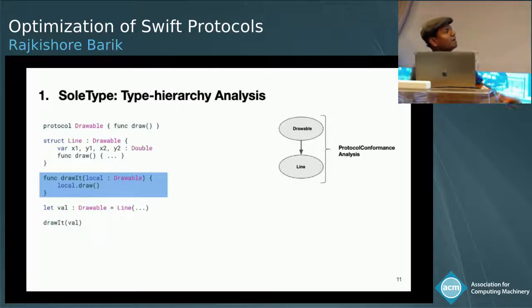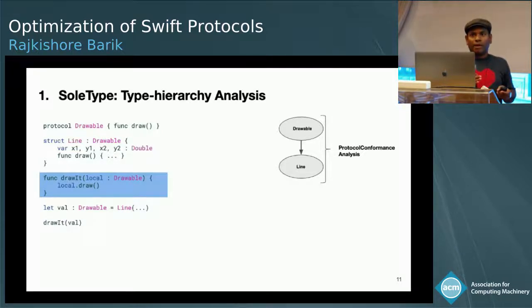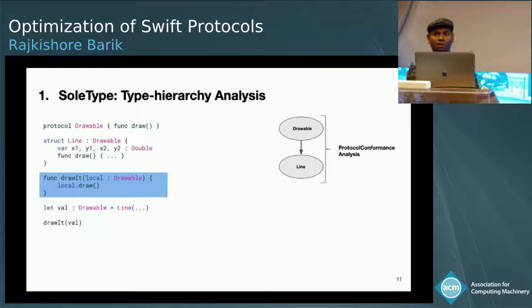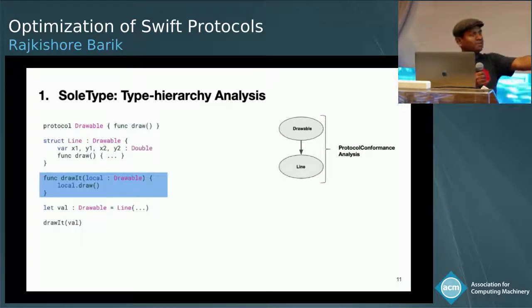If you look at the code and reason about it in Swift, the protocol and the conforming type are actually internal, and this goes back to Swift's access levels. If they are accessed within the module and not exposed outside the module, then you derive the fact that only Line implements Drawable.